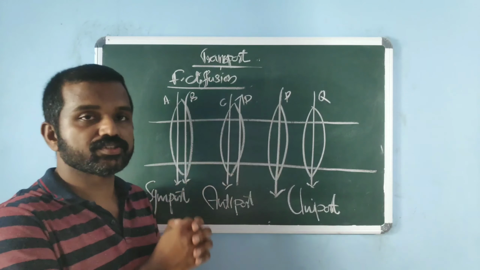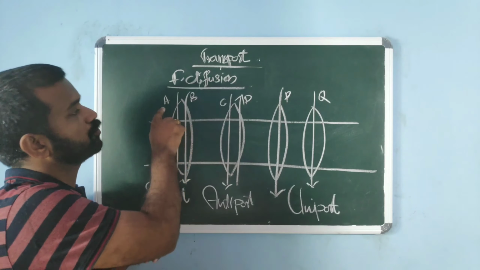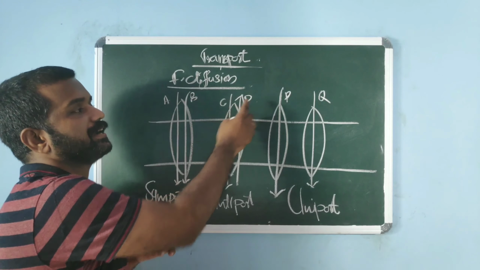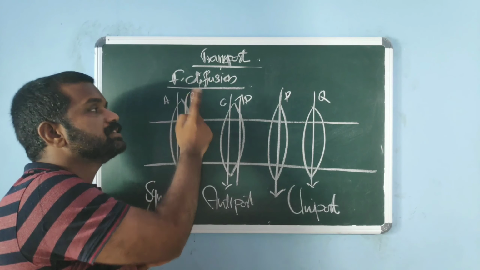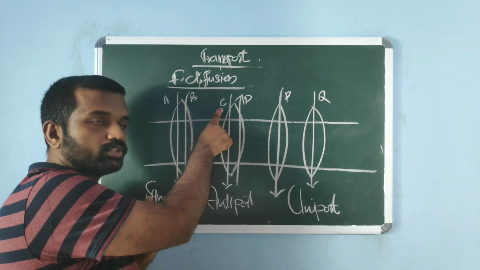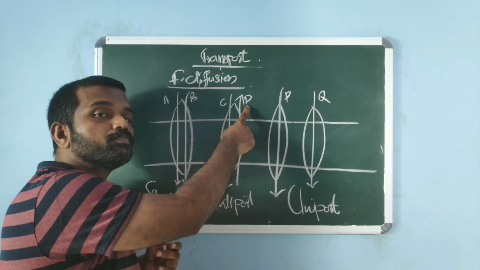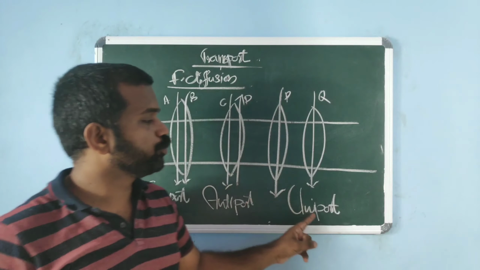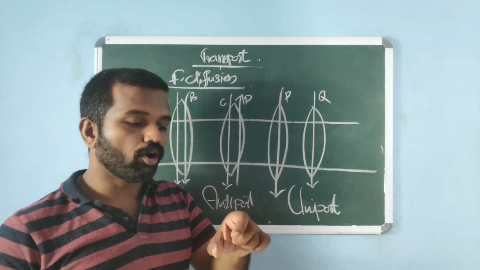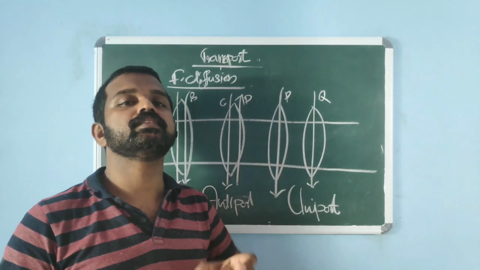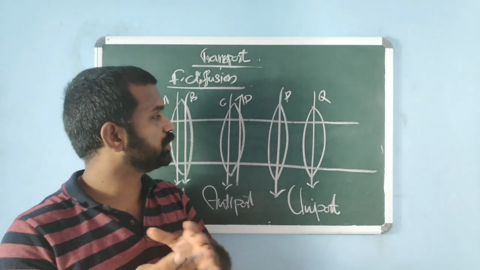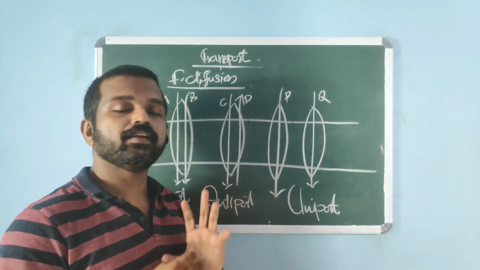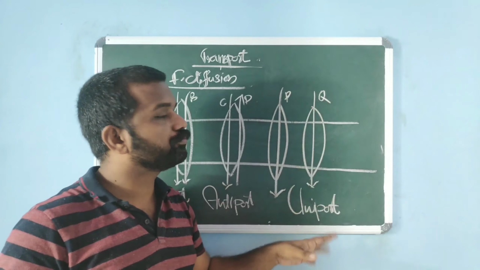In both cases, there are two types of molecules, for example, A and B, C and D. The movement of A is dependent on movement of B. Similarly, transport of C is also dependent on transport of D. Whereas in uniport, one molecule moves across the membrane independent of the other type of molecule. So here, transport of P is not dependent on transport of Q.